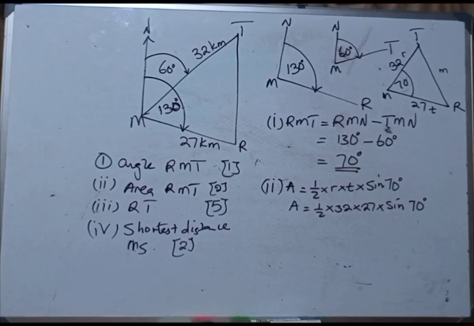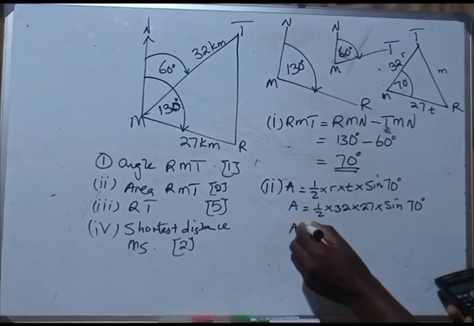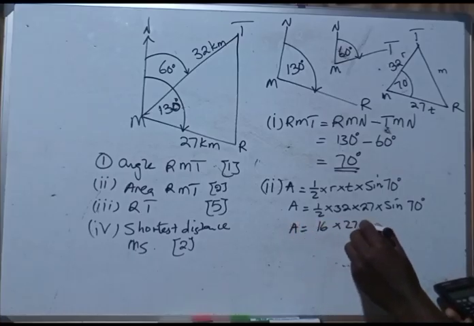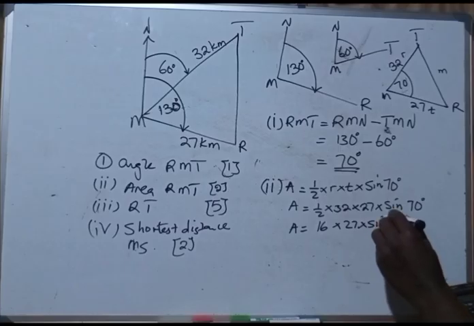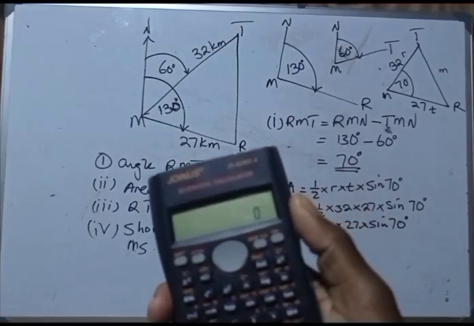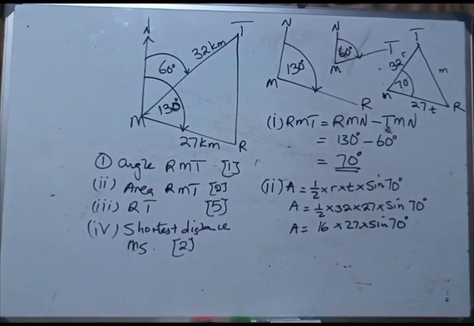So now, if you multiply through, let me just simplify it by saying A is equal to 16 multiplied by 27 multiplied by sine 70 degrees. Now, your calculator should be in degrees and not in radians. Please work on that one.